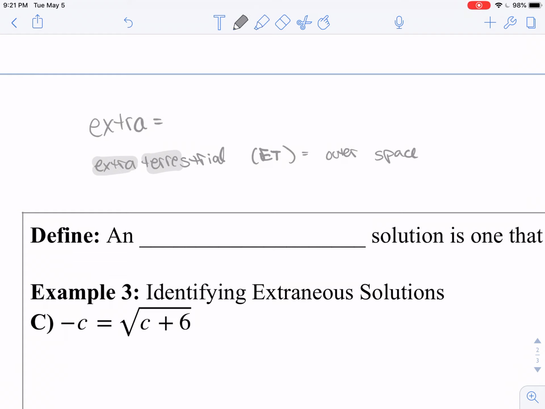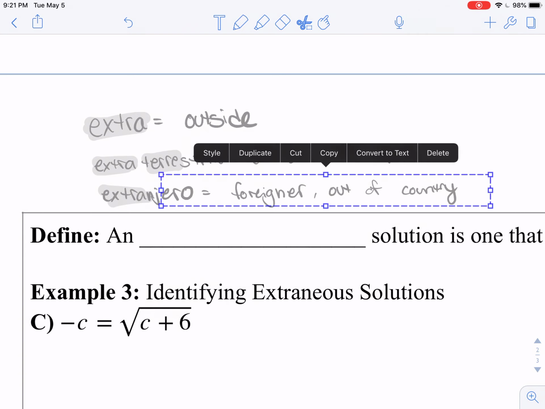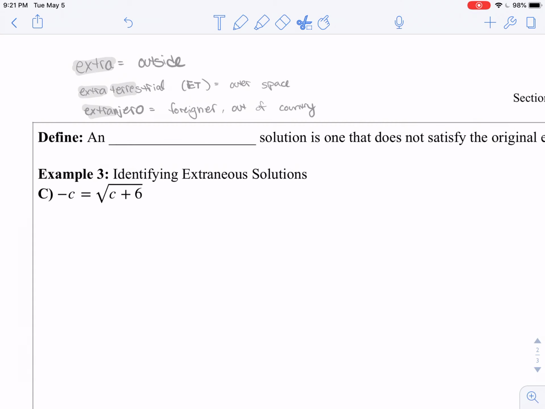Similarly, for my Spanish speakers, we have extranjero, which just means a foreigner, someone who is from out of the country. So extra means like it's outside. It's outside of this earth, it's outside of the country, it's extra, we don't need it, right?